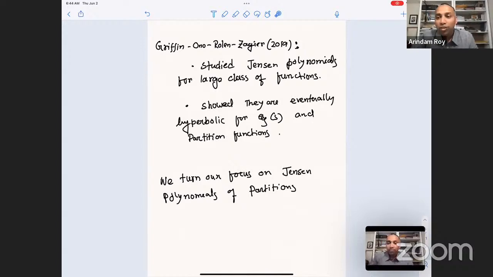And in this, please stop me if anyone has any questions. In this paper, they showed that eventually all the Jensen polynomials corresponding to the Riemann xi function, or completed Riemann zeta function, are hyperbolic.